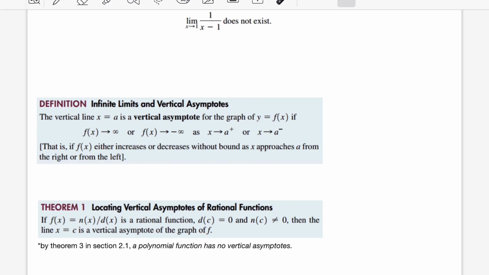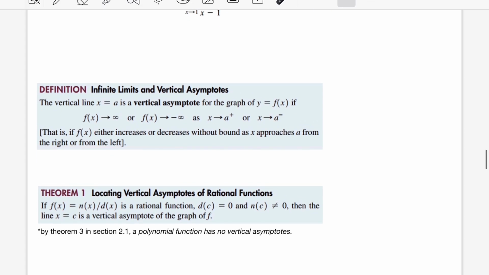And so we'll see a few examples of this moving forward, but something to note here is that by theorem 3 in section 2.1, a polynomial function doesn't have any vertical asymptotes. So if you want to go back to section 2.1 and just review that. But something to note here that we know with a rational function there is definitely trouble when there is a zero denominator. So this makes sense.